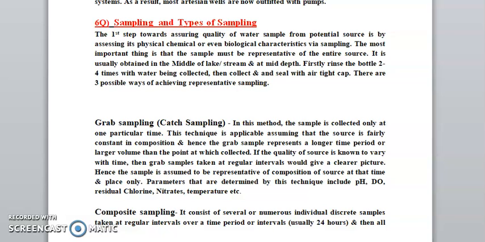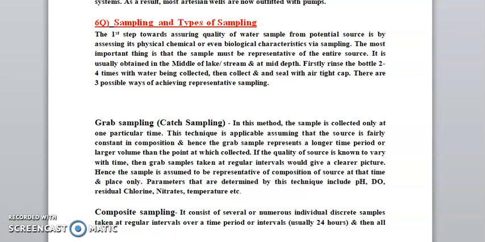Now, types of sampling: grab sampling. In this method, the sample is collected only at one particular time in one particular area. The technique is applicable assuming that the source is of fairly larger volume than the point at which it is collected.